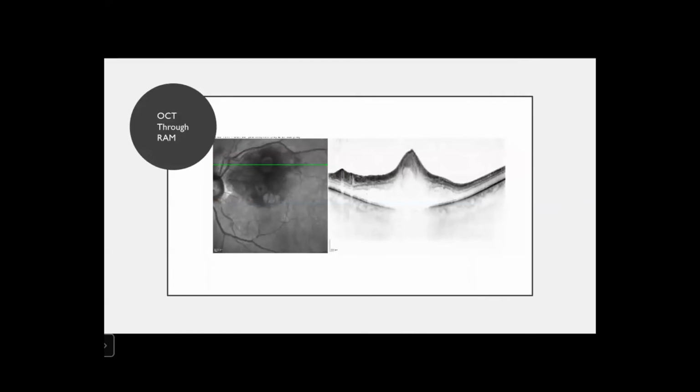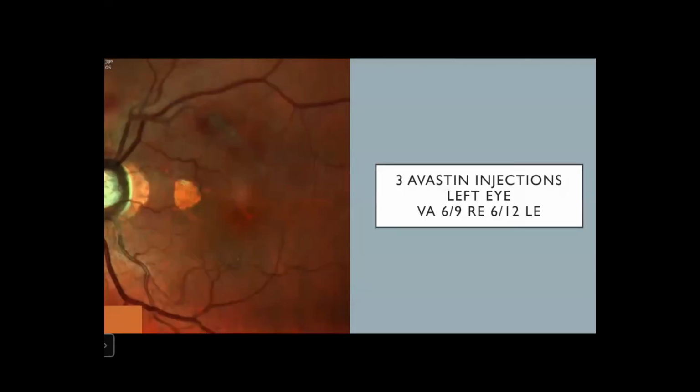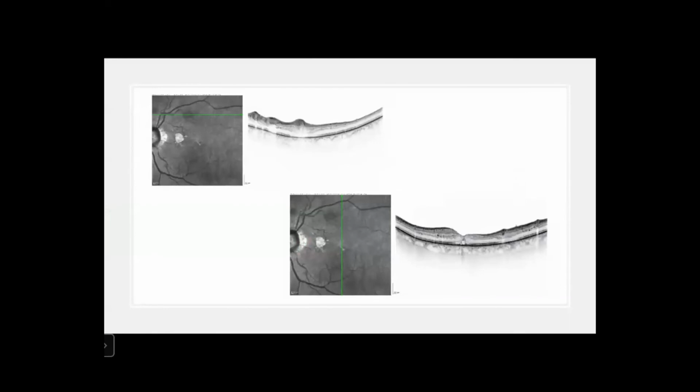And if you look at the OCT through the RAM, there's a marked hyperreflective lesion within the inner retina. She had 3 Avastin injections in the left eye. Vision is 6/9 on the right, 6/12 on the left. There's a marked improvement in vision with marked resolution of the RAM, with slight interruption there, but a very good improvement.